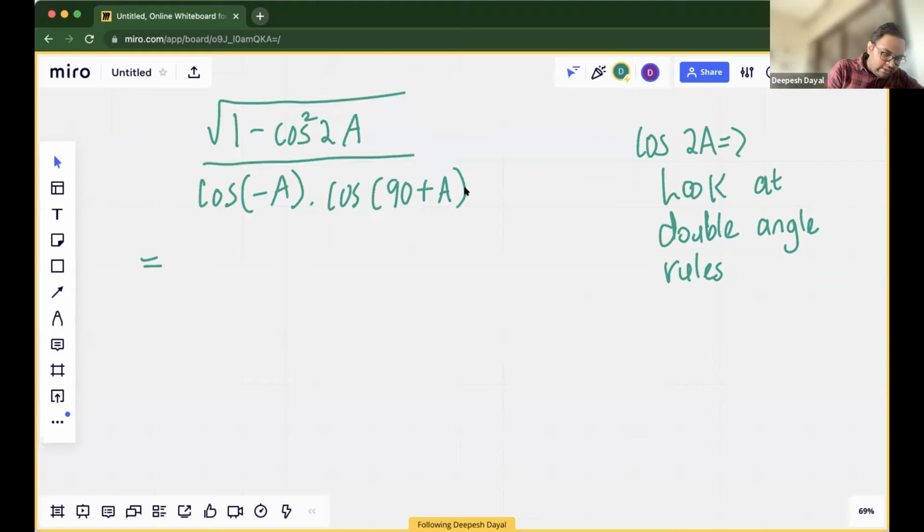Okay, and 1 minus cos squared 2a will give us the square root of sine squared 2a.